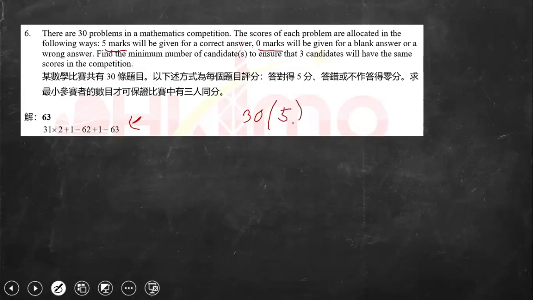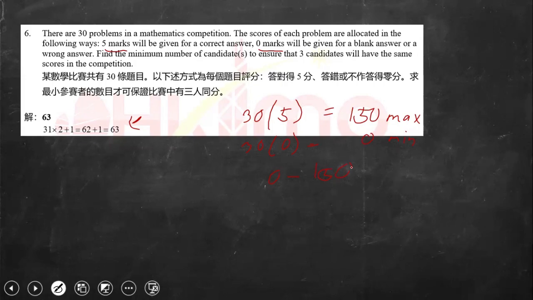So 30 times 5 equals 150. This is the max. And if you get everything wrong, times 0, it's going to be 0. Minimum. So we know that scores are now between 0 to 150. That's the range. Now we need to know how many possible scores there are.